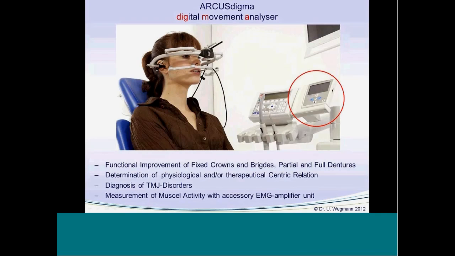Here you can see this Arcostigma. Digma comes from Digital Movement Analyzer. And this Arcostigma has two main parts. The first one are the registration bows for the upper and lower jaw, and the main unit here for the calculations and the display of the results.